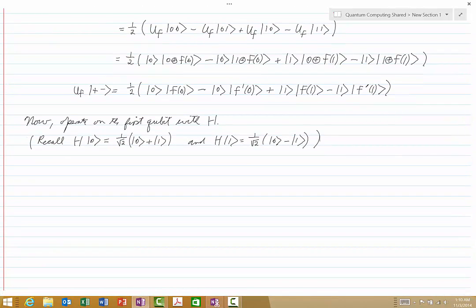So if we operate on the first qubit of UF of plus minus with H, then what will we get?